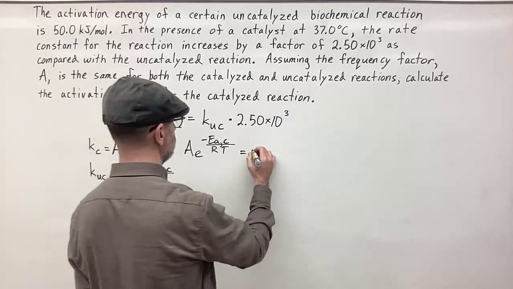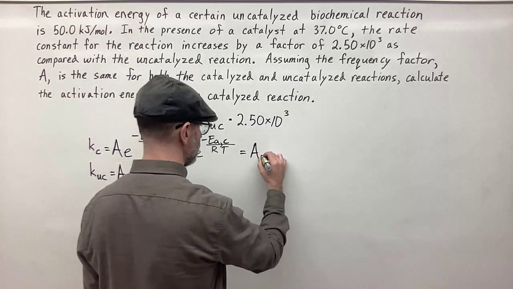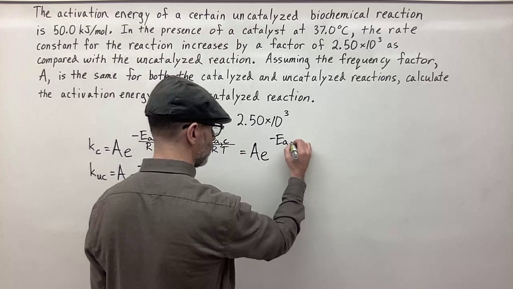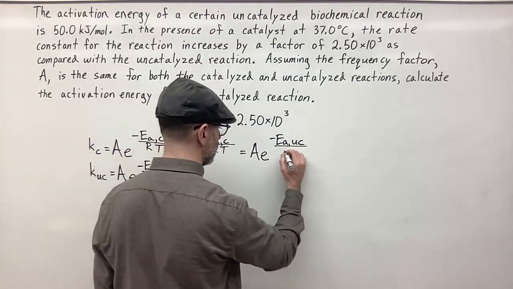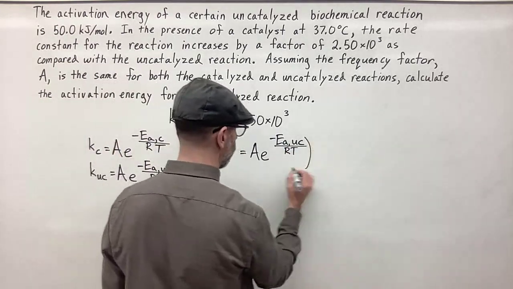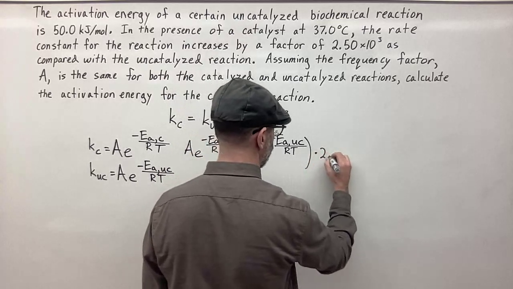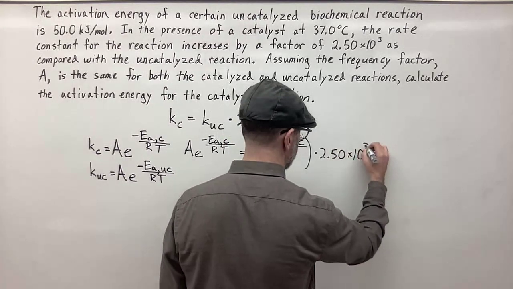So that's going to be A times E raised to the power of the negative activation energy of the uncatalyzed reaction divided by RT, and then this is multiplied by the factor 2.50 times 10 to the third.